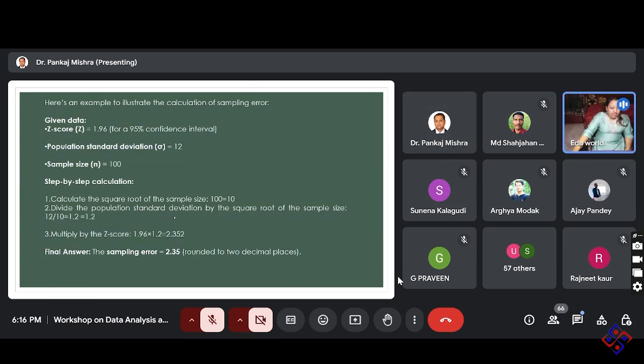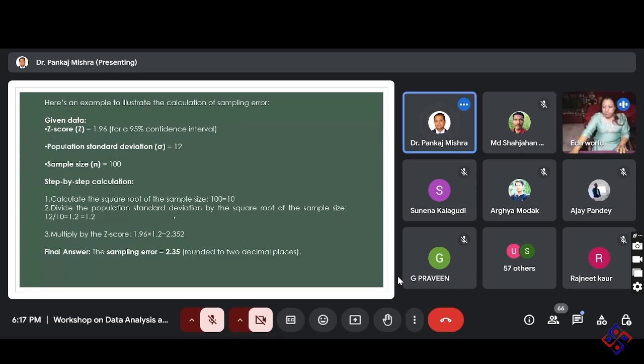See here how to calculate the sample error. You have to find out the Z score. For the sample test, we know the Z score is 1.96. The population standard deviation value you will get with the help of SPSS. Don't worry, you will get all these values with the help of SPSS. 1.96 is a fixed value, but the sample size you will decide.